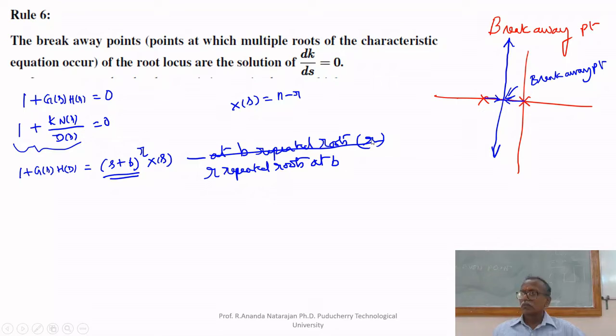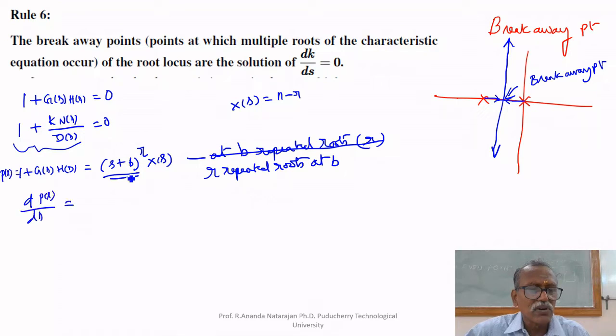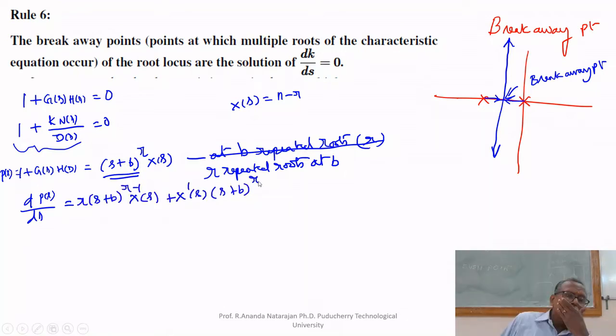Suppose I differentiate this with respect to s. Let us call the characteristic polynomial P(s). dP(s)/ds equals r multiplied by (s plus b) to the power r minus 1 multiplied by X(s), plus the other term.